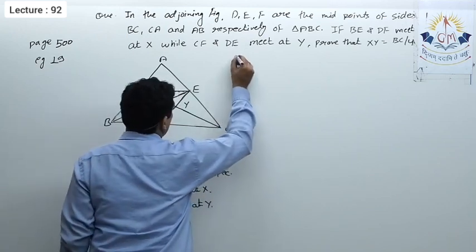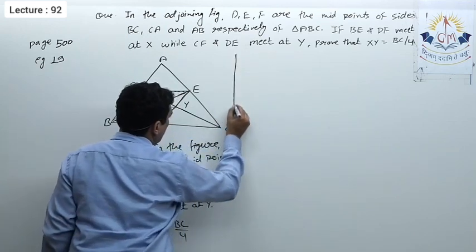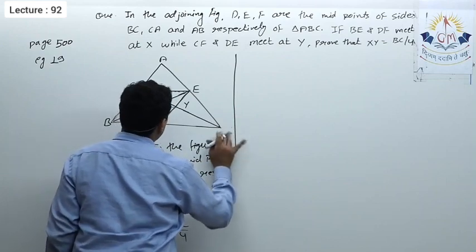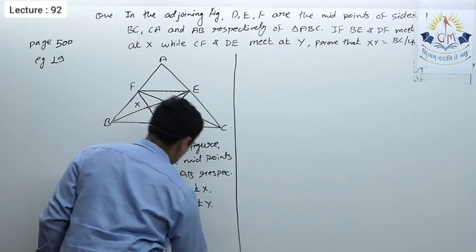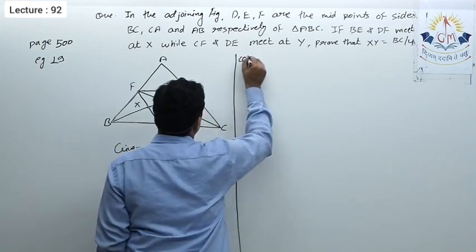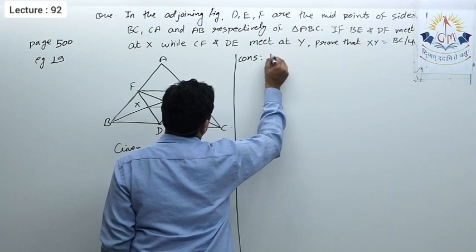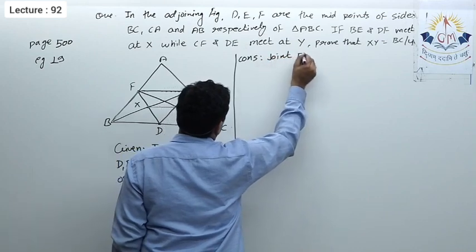A small construction is required: join FE. Construction: join FE.